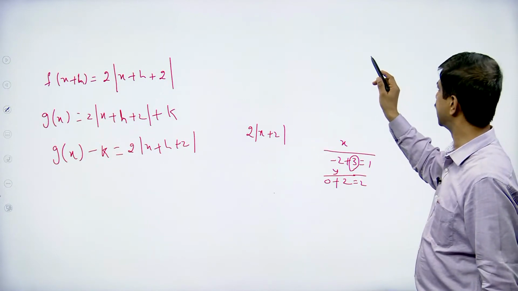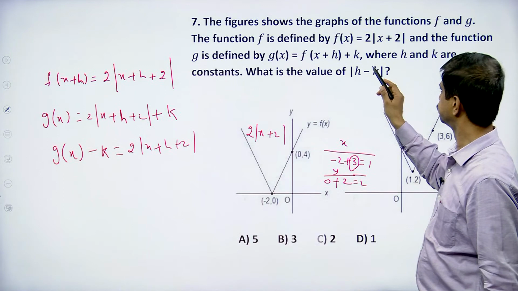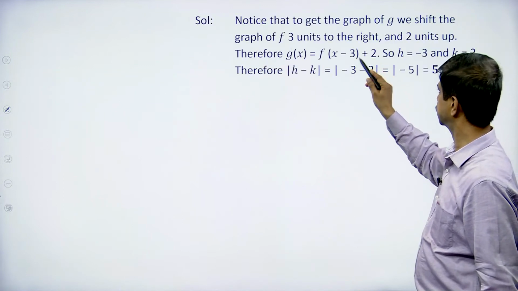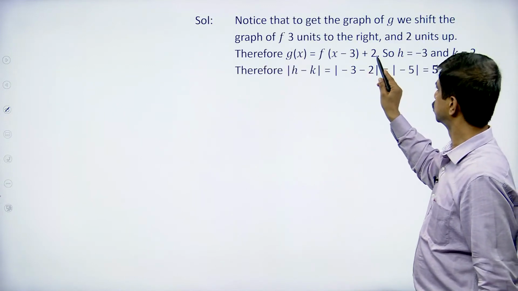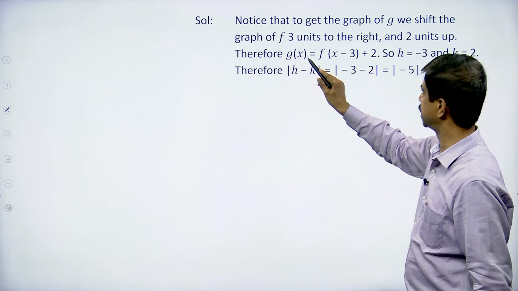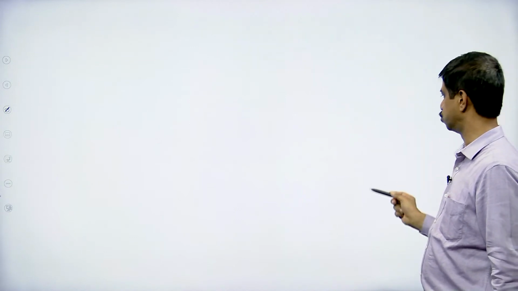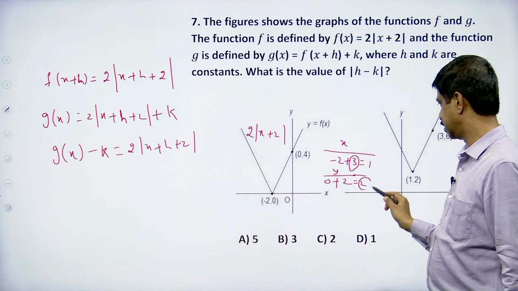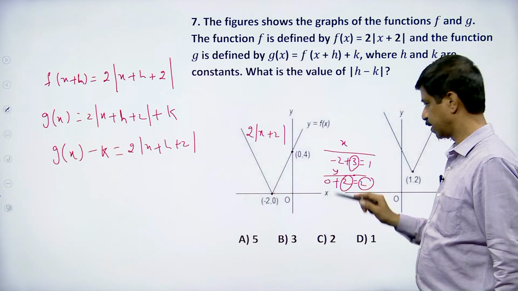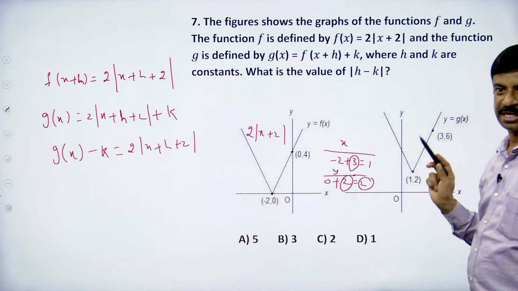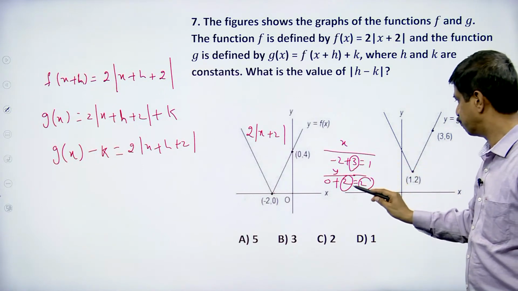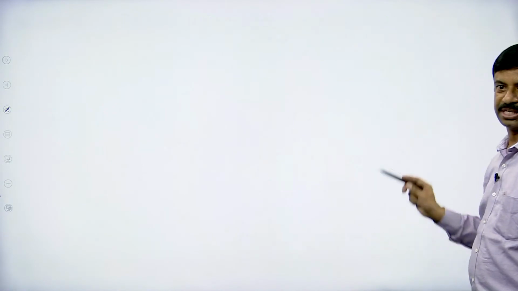So here you should have minus 3 units, children, okay, plus 2. So this plus 2, when it goes to right, it becomes minus 2. So y minus 2 equals 0, y equal to 2. So how much we have moved y? 2, right children? So h is 3, y is 2.